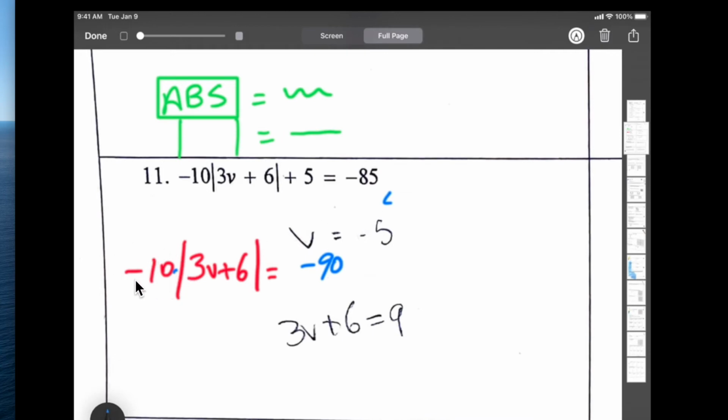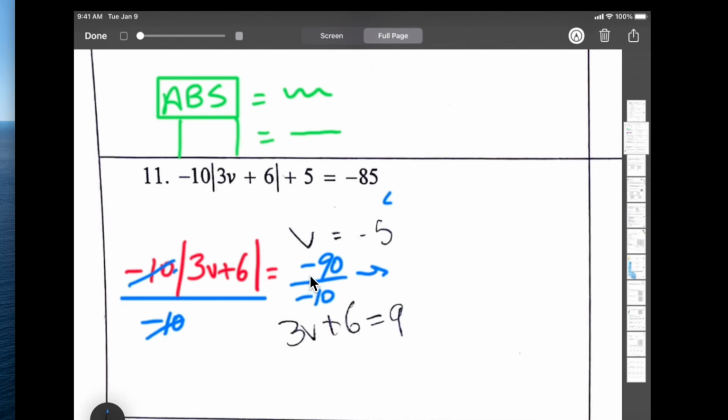We have -10, which we don't want here, being multiplied by this construct. Whenever we have a neighbor being multiplied by something we're trying to isolate, we divide by that neighbor, the exact neighbor. If there's -10 up here, it has to be -10 here. That allows us to cancel those out, but we have to do the same thing on the opposite side.